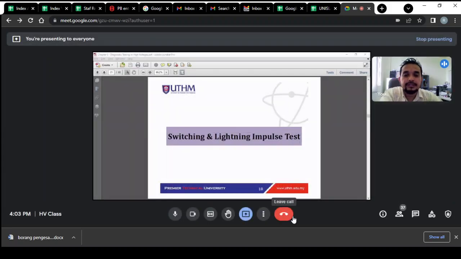And then, okay, for this one, switching and lightning impulse test. Okay, switching, as we know, is a switching activity, on and off operations. That is what we call switching. It's just like when you switch on your light in the room, you switch on your aircon, and you switch off the aircon.